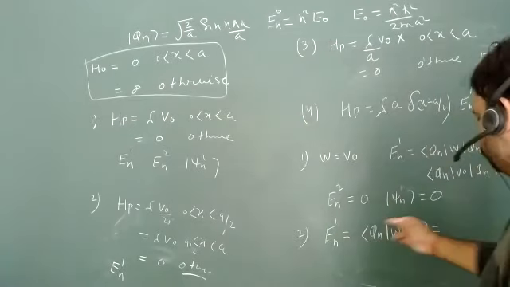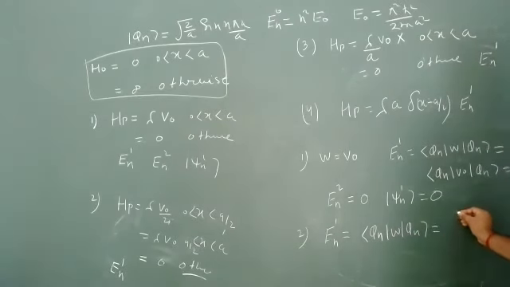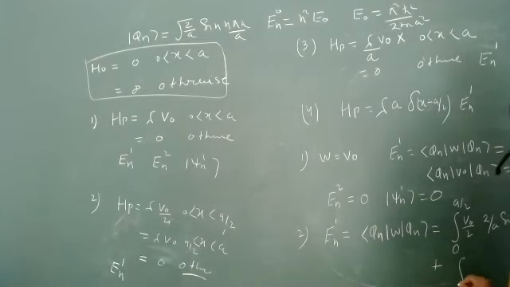So how will you go for this? You will just go for 0 to a by 2. What is this value? V naught by 2, and hence you will take the expectation value, that is 2 by a sine square n pi x upon a dx, plus from a by 2 to a you have value V naught and that is 2 by a sine square n pi x upon a dx.